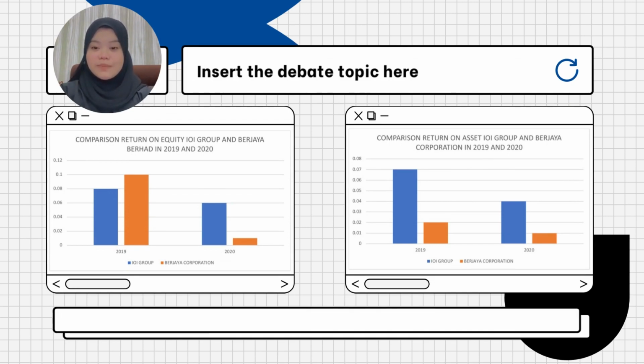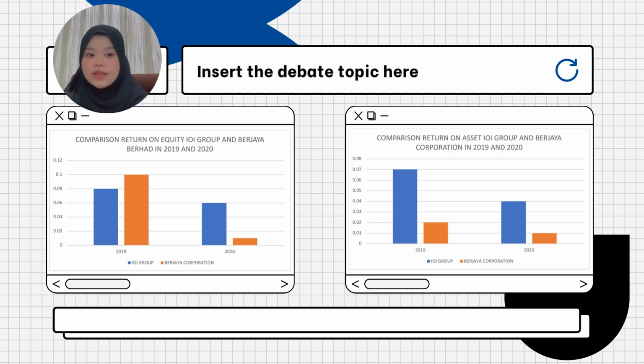I'm going to present my part, which is comparison return on equity IOI Group and Berjaya Berhad in 2019 and 2020. From the graph above, for 2019, the Berjaya Corporation has a higher value of return on equity by 0.10%, while IOI Group has 0.08%.